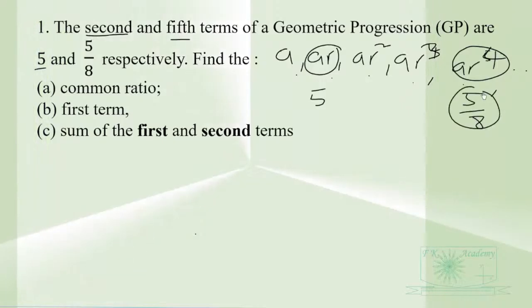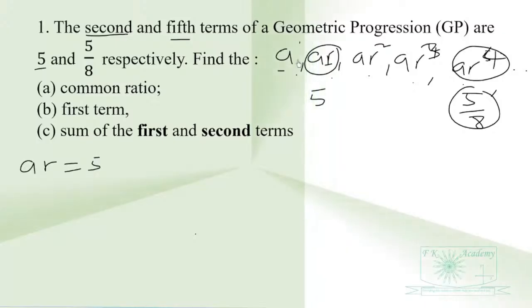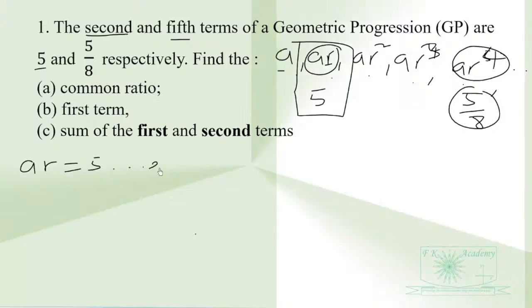So we are to find the common ratio, which is R, and then we'll find the value of A. So we can form simultaneous equations here and solve. AR is equal to 5. So this one, equation 1.